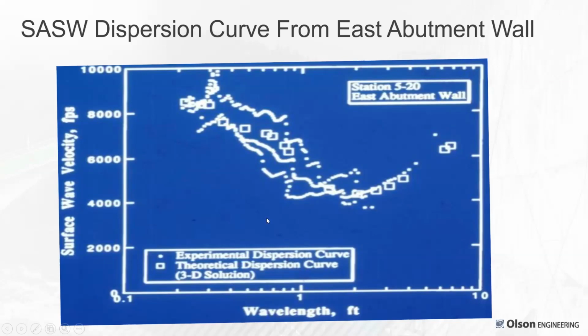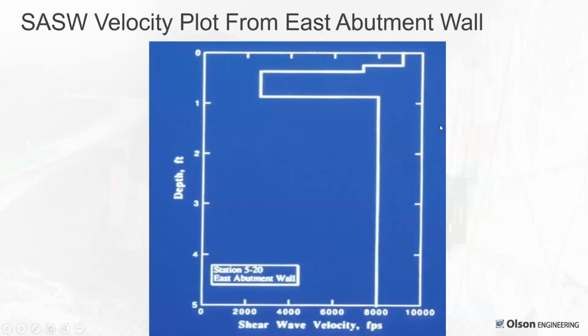We fit that with a theoretical dispersion curve model with the open squares, and from that modeling, we produce this plot of shear wave velocity, which is 10% faster than the surface wave, from 0 to 5 feet on this particular location on the abutment wall, showing 3/10 of a foot of fast shotcrete, 9,000 feet per second, dropping down to 2,500 feet per second of freeze-thaw cracked concrete, and then jumping up to 8,000 feet per second. So this was compared with coring results with good correlations. We mapped it out throughout the rest of the dam on a grid basis, and the project went on to be successfully repaired.